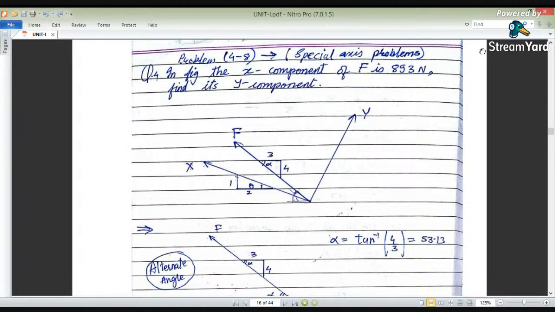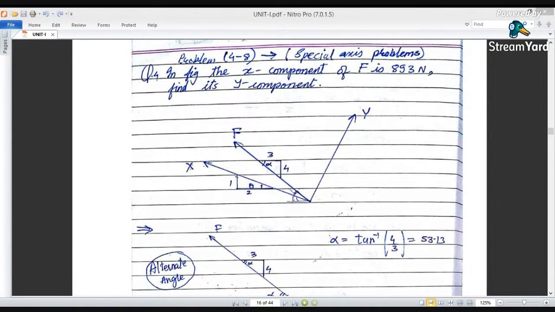In normal cases the x and y directions are horizontal and vertical, with x along the first quadrant, but in this case we have x and y directions in inclined perpendicular directions. Here it is taken as the x direction and here the y direction, whereas the force F has been applied making an angle alpha, 3 by 4, and this plane is again making an angle theta, that is 1 as vertical and 2 as horizontal.